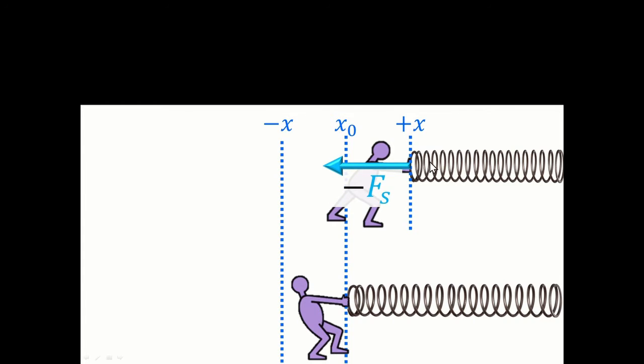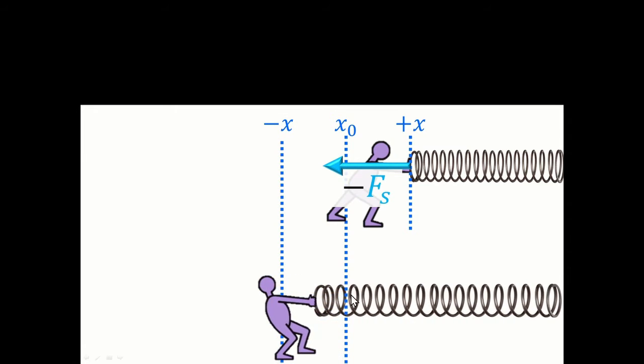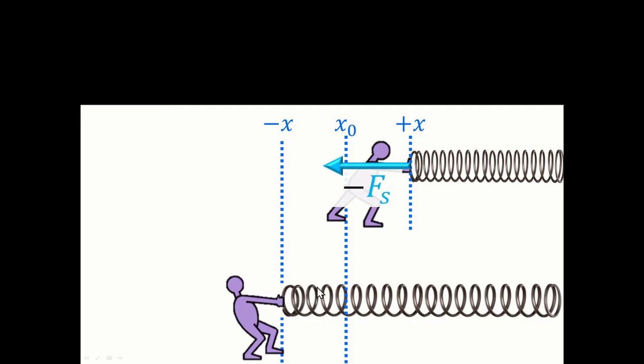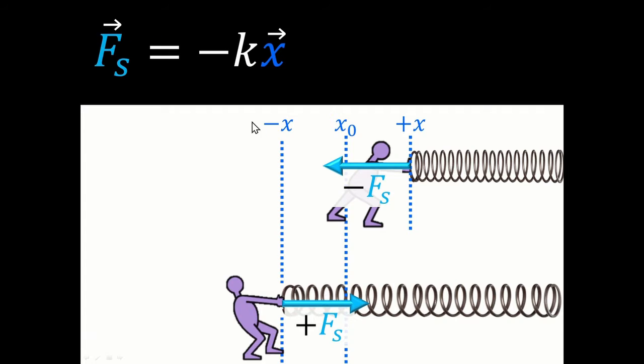The person was pushing the spring to the right, but we're talking about the force of the spring, which is back off to the left in the negative direction. And if we stretch that spring in the negative direction, the force is going to be back in the positive direction. So force is a vector quantity, so is displacement.